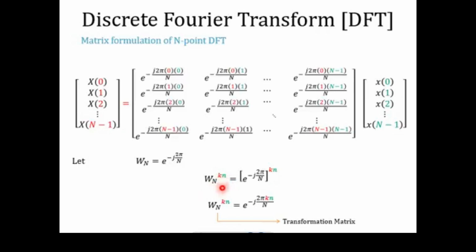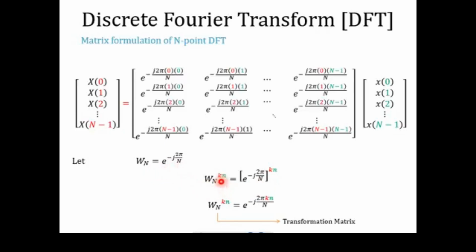It is wrong. Basically this k into n is written in the superscript of the wn factor, and any number written in the superscript notation of this wn factor will become the power of this wn factor, which was mathematically equal to exponential minus j 2 pi over n.